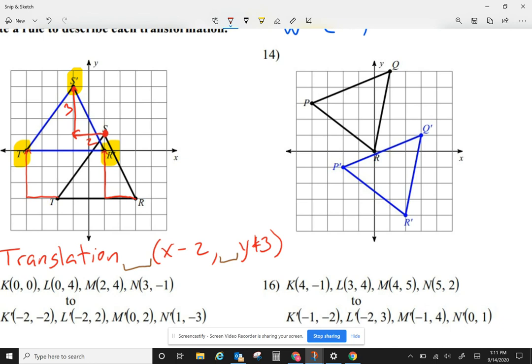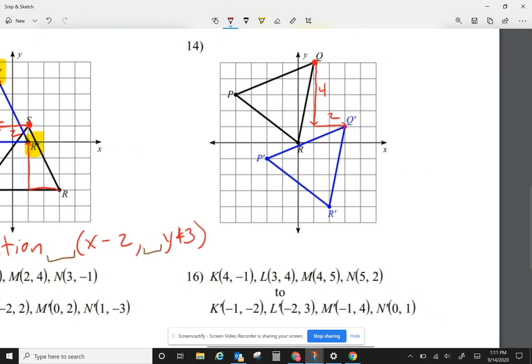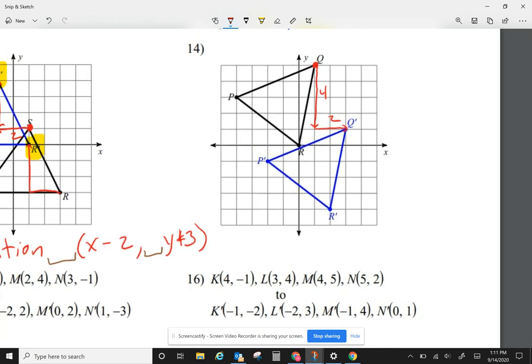I'm going to follow a point. Let me follow Q. In this case, I go down 4 spaces. If you count how many squares I went down, and then I go 2 to the right. So the way I will do this, I will write translation x plus 2.